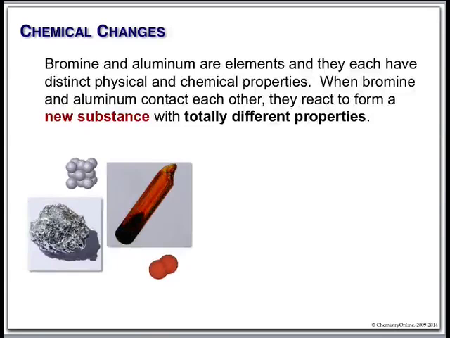Now, this is a little beaker. This is some bromine in the bottom. And this is a little beaker here with aluminum in it. If we take, oh my gosh, it's not going to do it.